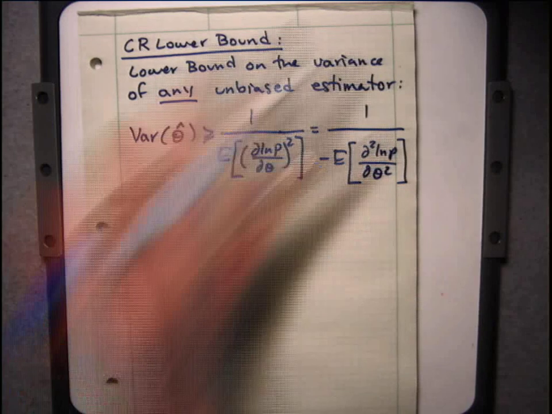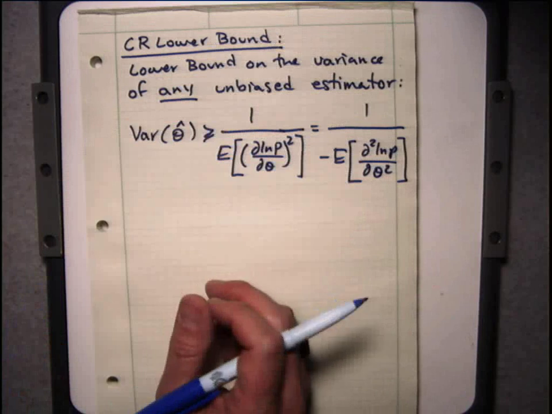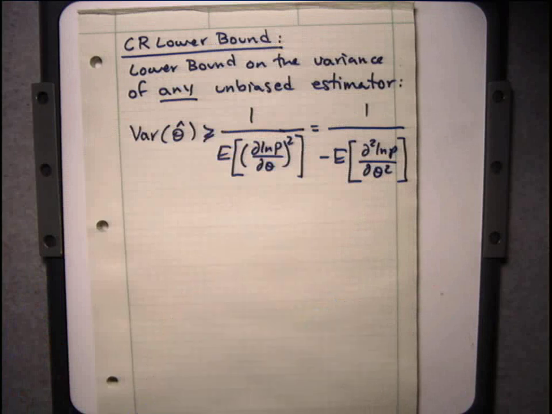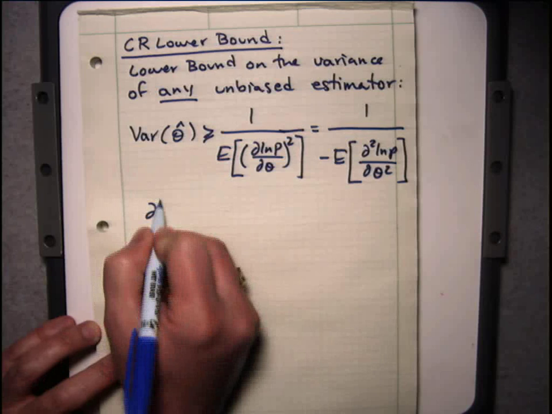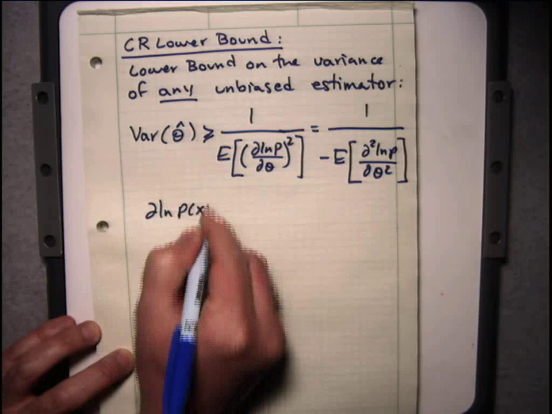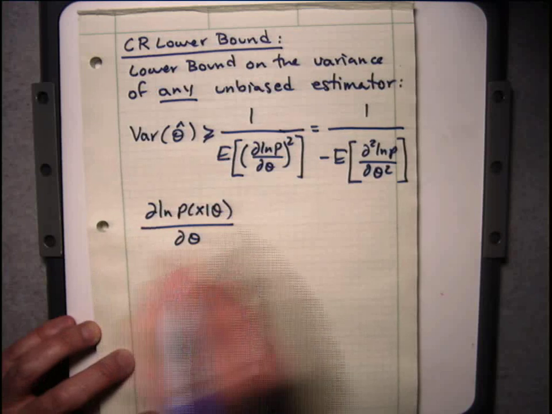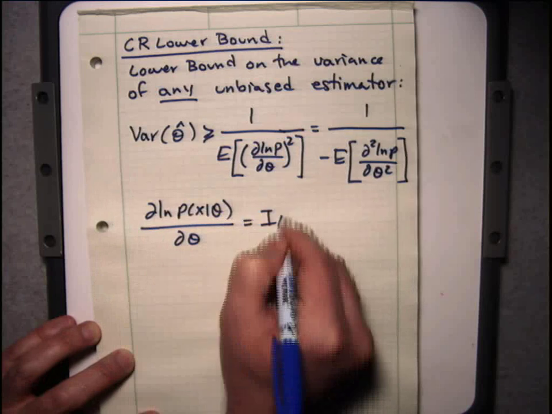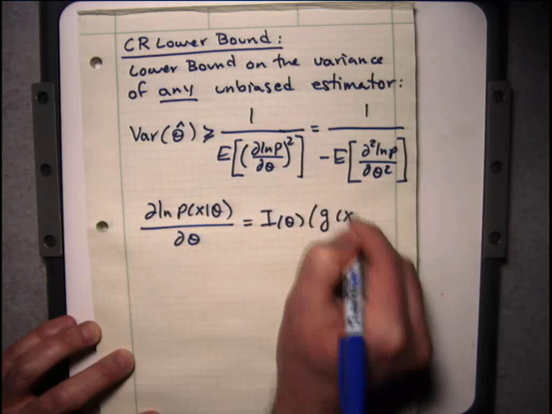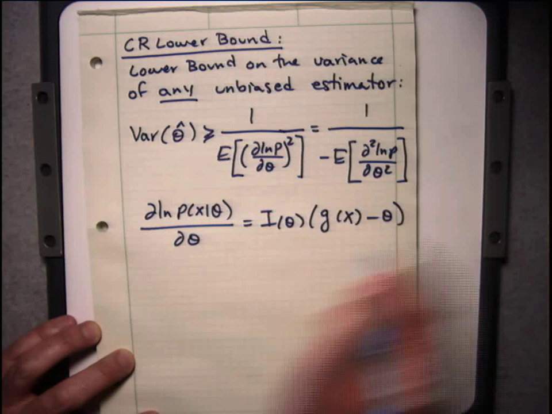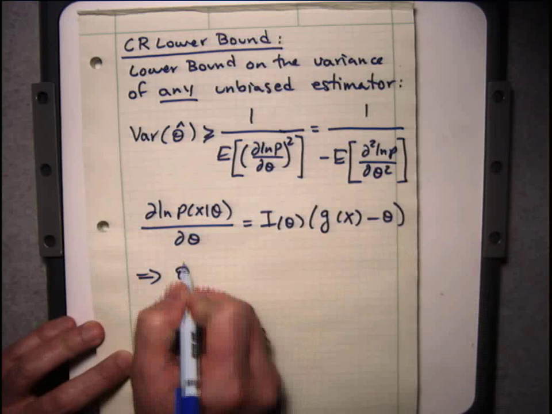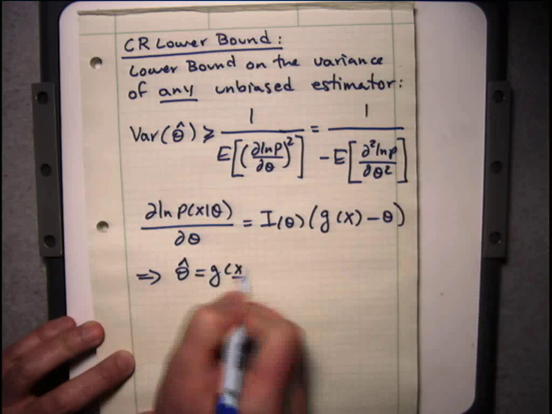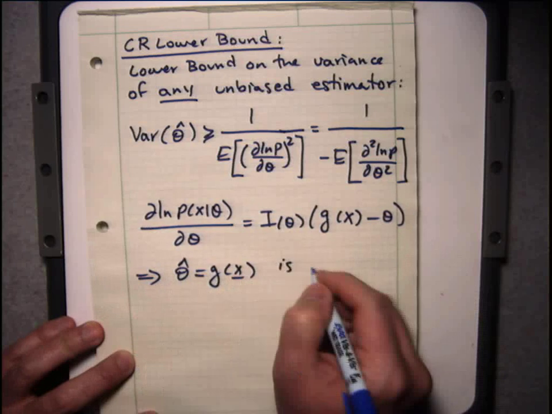This theorem also, as a sort of second part, told us a way of possibly finding a minimum variance unbiased estimator. What it said was that if this score function could be written as I of theta times g of x minus theta, then theta hat equals g of x is efficient.